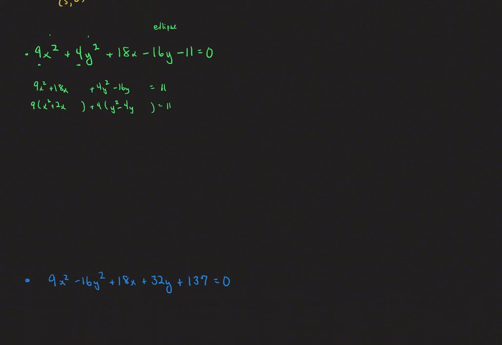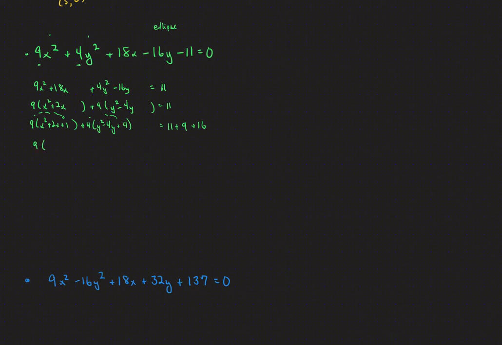We'll take half the middle term and square it and add that into the parentheses, which means we're going to have to add a 9 to the other side from the x term, and half the middle term squared is going to be 4 times another 4, which means we're going to add a 16.